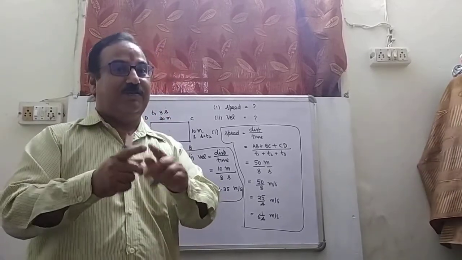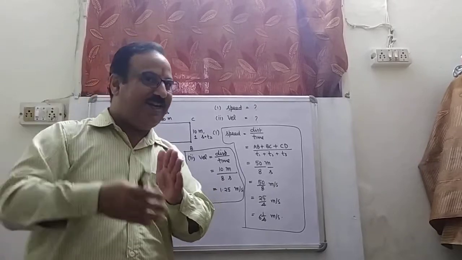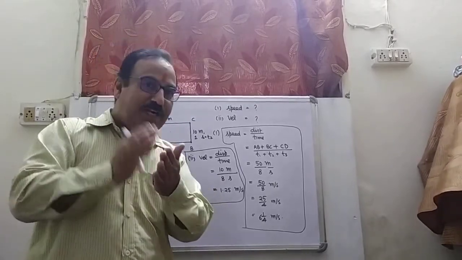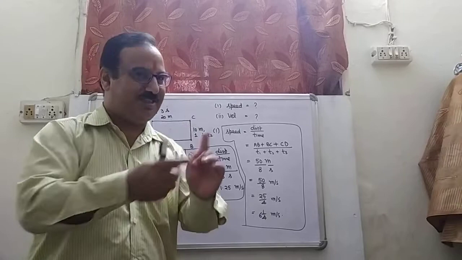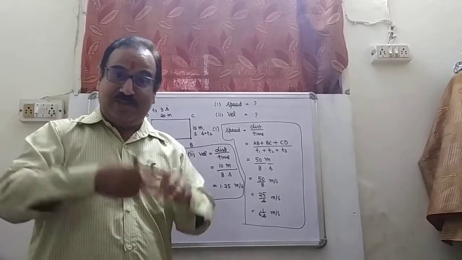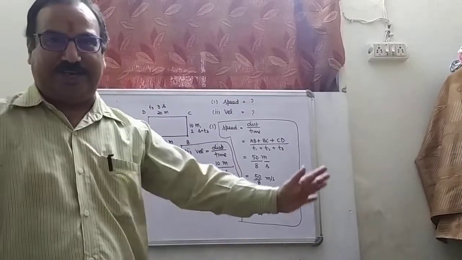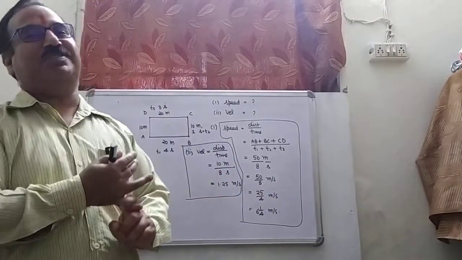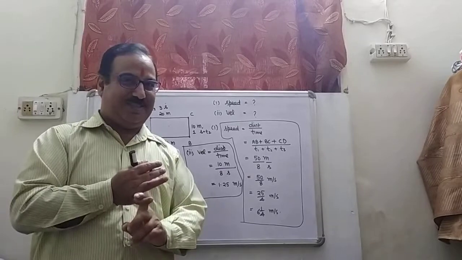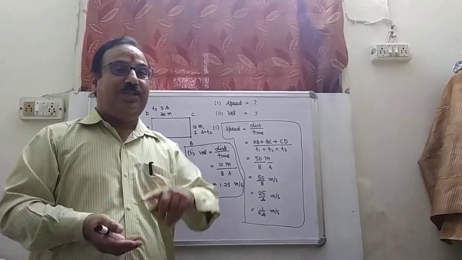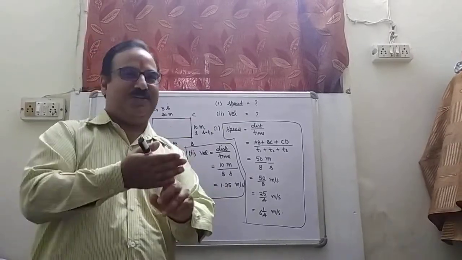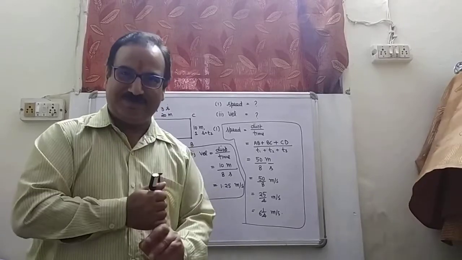It is because when an object travels in a straight line, the magnitude of the displacement is equal to the distance covered. Even then, you cannot say displacement and distance are exactly identical. No, only the numerical value of the displacement is equal to the distance, and that is why the numerical value of the velocity is equal to the value of the speed.